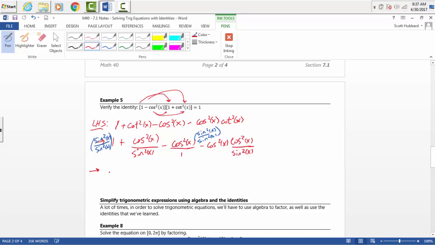Okay, so what does that give me? Well, I get sine squared x plus cosine squared x minus cosine squared x sine squared x minus cosine squared x times cosine squared x, and this is all over sine squared x.